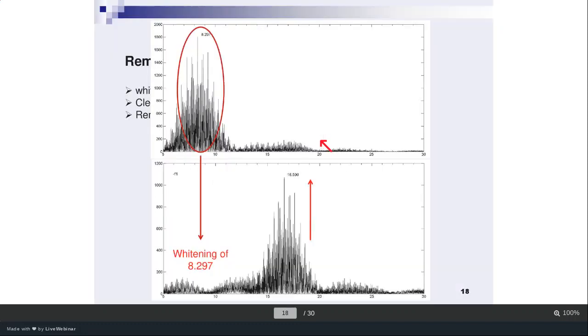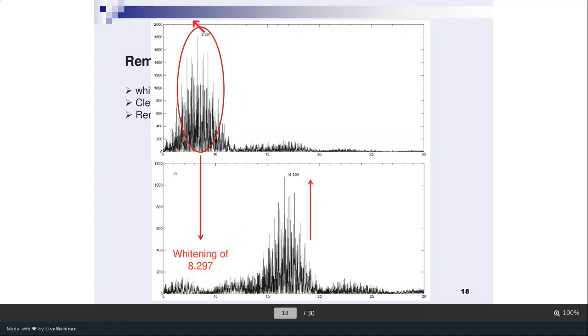This is another important thing I wanted to show. Now this is the first frequency, the most prominent frequency. In order to observe the other frequencies very clearly, we have to eliminate this main frequency, what we call whitening.